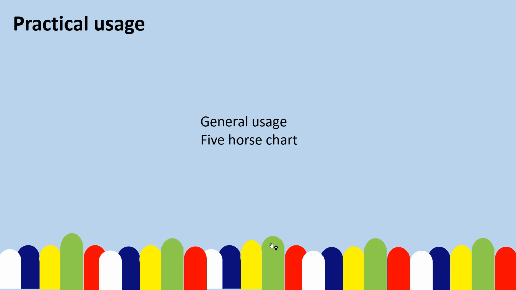And the practical usage: first we should learn about the general usage. If we have already learned about this, then we can use Homely rainbow well. And here we also have the Firehose chart. This one will also be very practical.